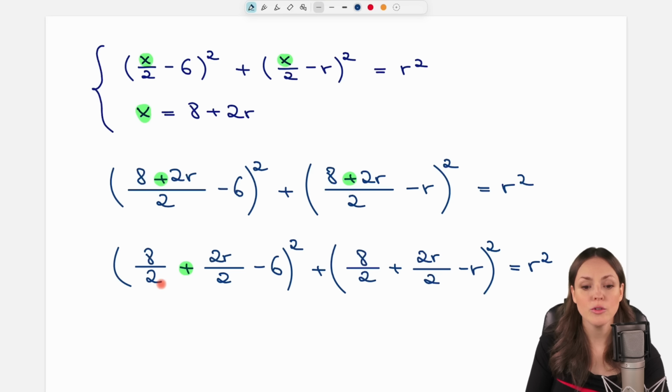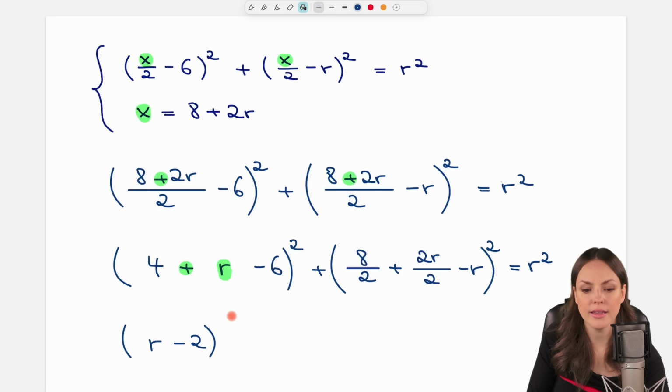Now, 8 over 2 equals 4. Then here we can cancel out the 2 and only r is left. So we only have r here. So in total, maybe we start with the r first, so that we have r, and then 4 minus 6 equals negative 2. And then we square this, plus.